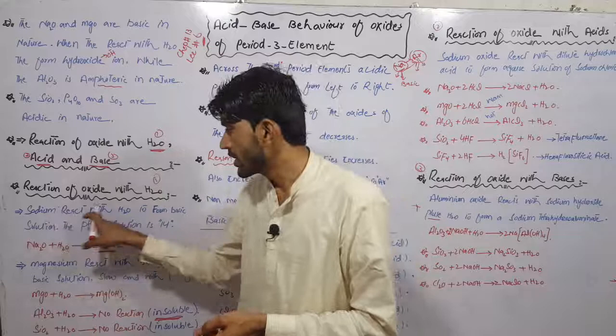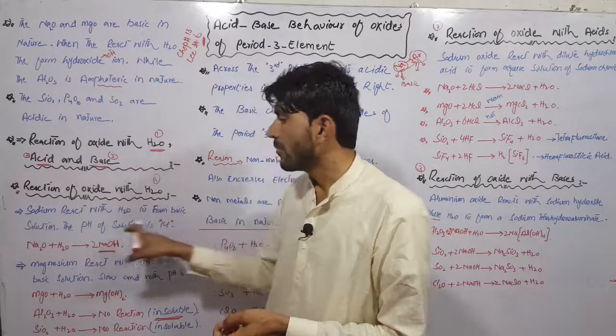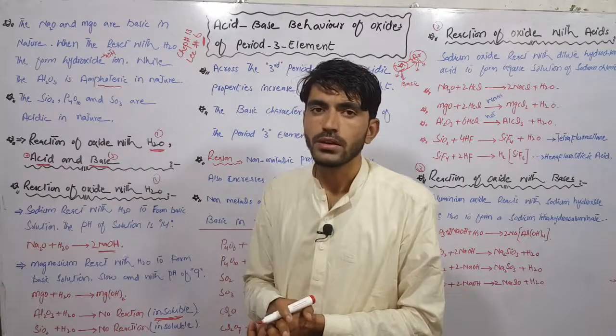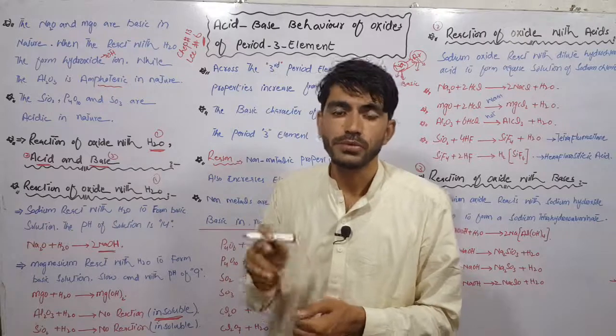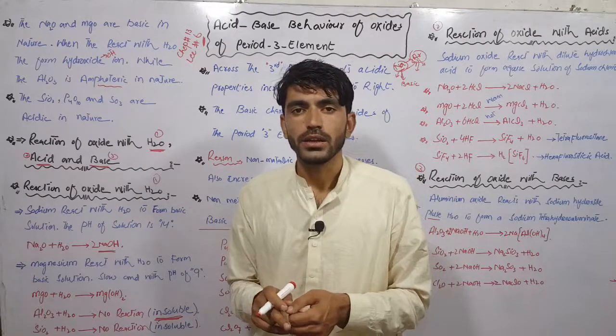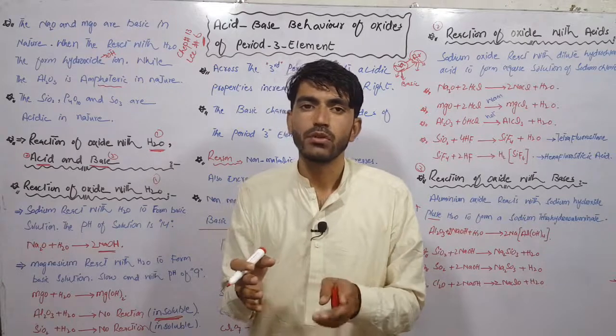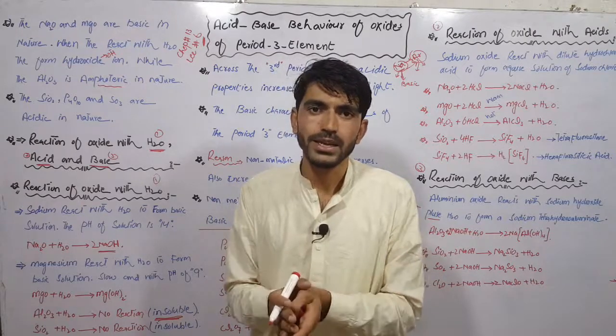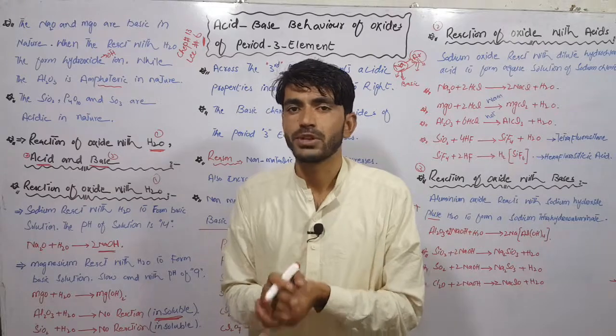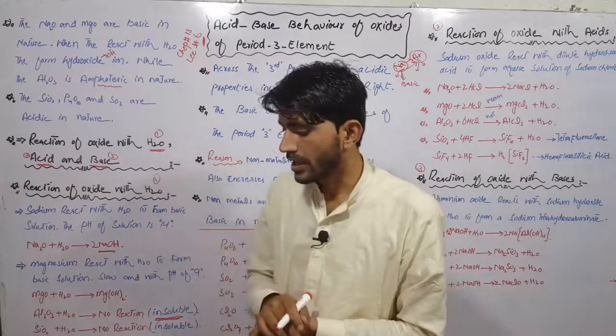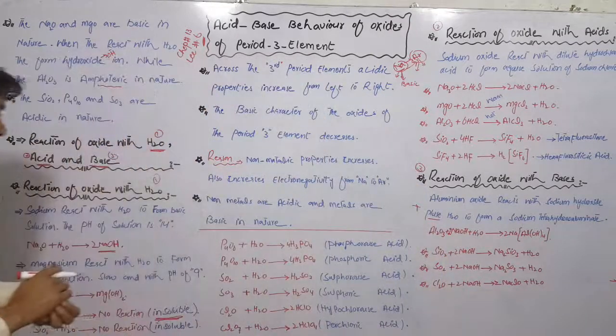Whenever the first and second group metals react with water, they form alkalis, meaning strong bases. We discussed this in our previous lecture, and it is repeated here.